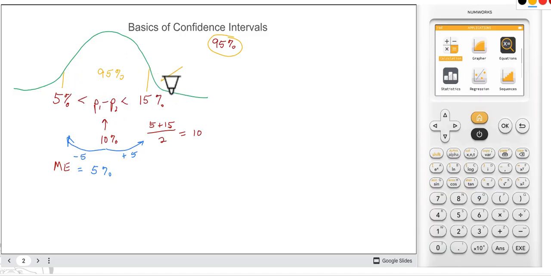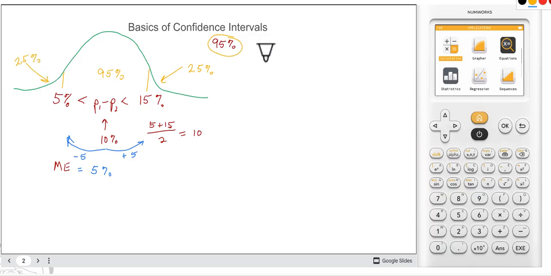What's in the tails? So remember, the confidence interval is the middle part. The hypothesis test, we're going with the tails. So there would be a total of 5%, right? 95 plus 5 gives us 100%. And since we're doing a two-tailed test, we have half of that in each of the tails.